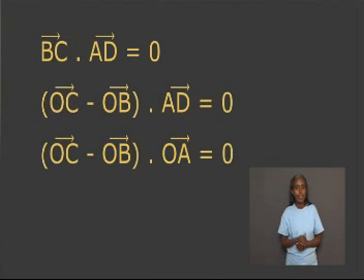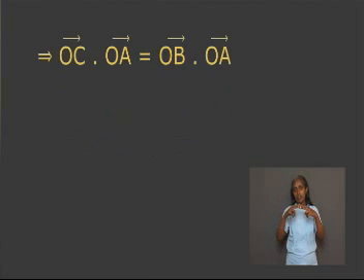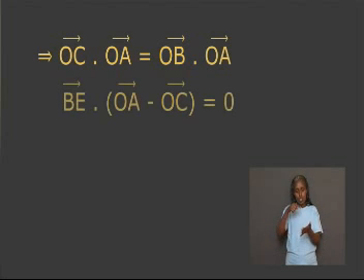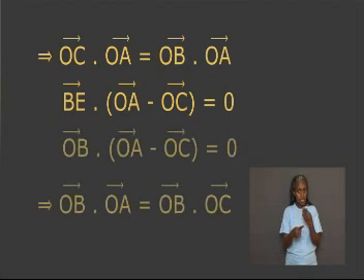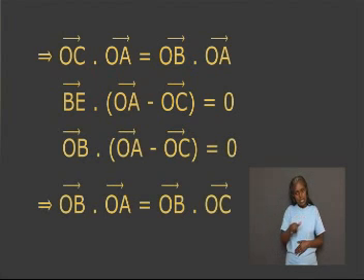The same is true for the other 2 sets of vertices. In the same way, we may conclude that the dot product of BE and CA is 0. Therefore, the same relationship exists between the second set of angles as we see here.